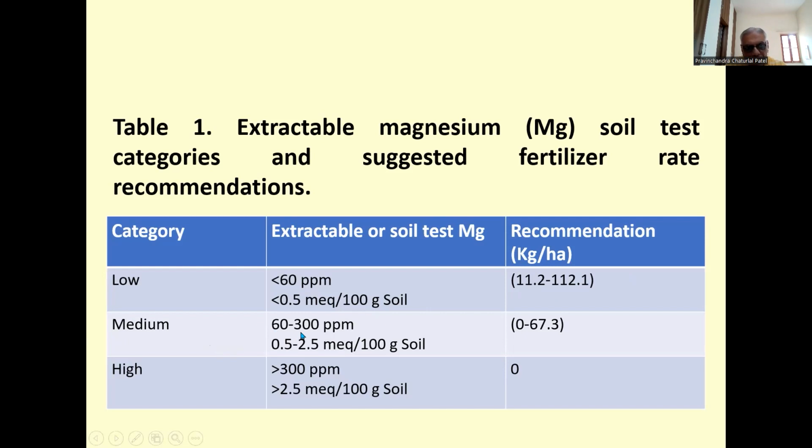Then medium, 60 to 300 ppm, or 0.5 to 2.5 milligram per 100 gram, then you should apply 67.3. And sufficient, greater than 300 ppm or greater than 2.5 milligram per 100 gram soil, then there is no need to apply magnesium in soil.